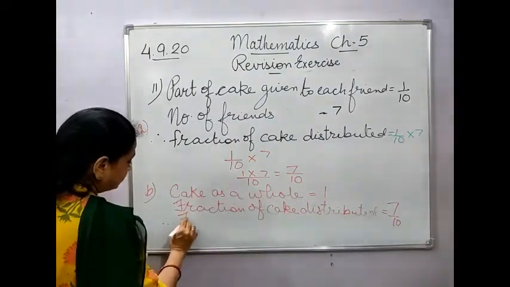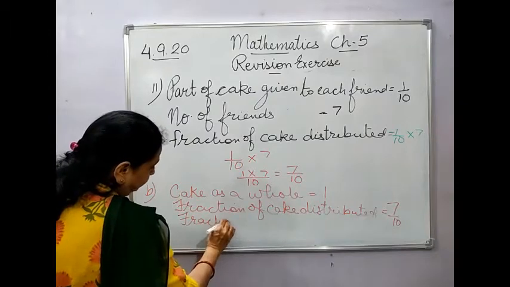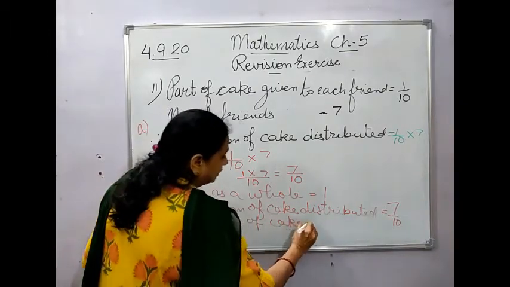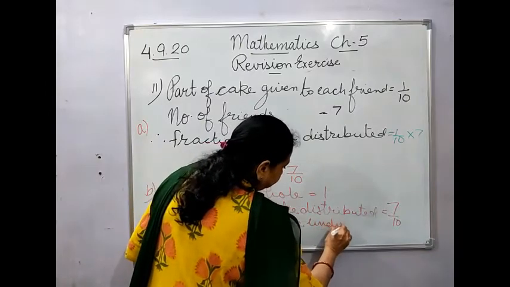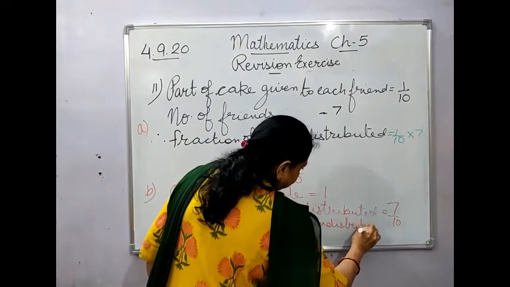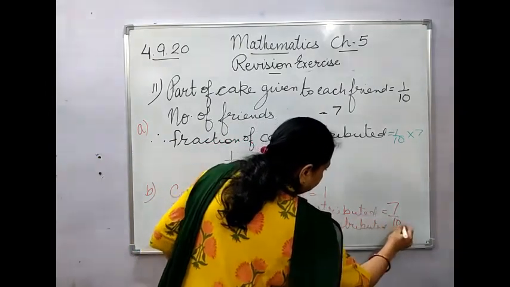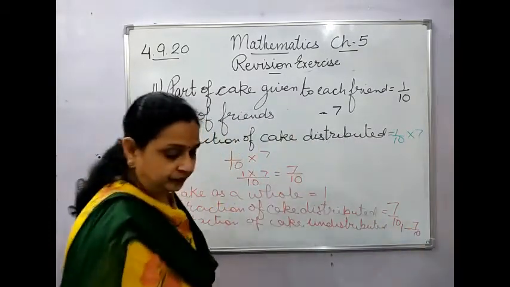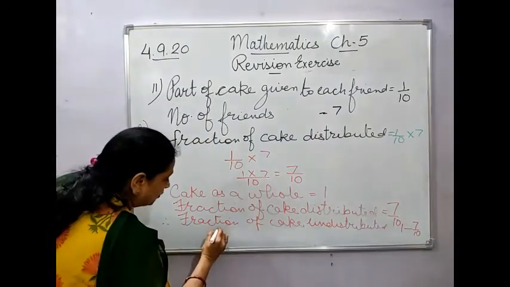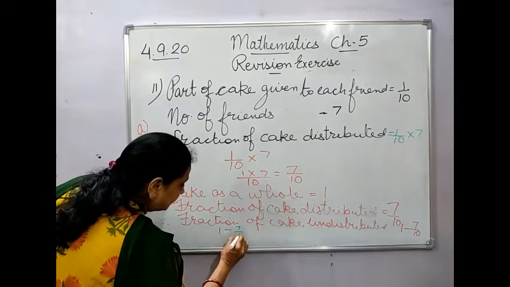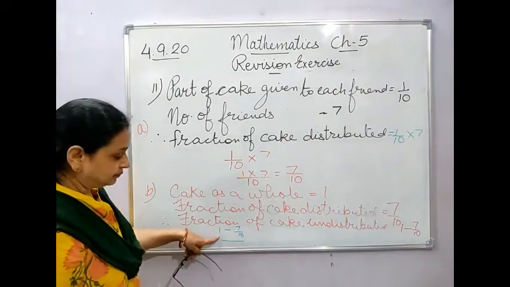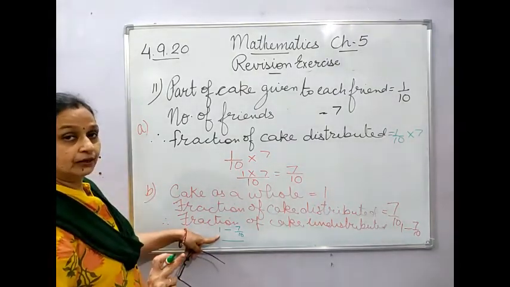Therefore fraction of cake undistributed will be 1 minus 7/10. I have told you this is a whole number, so the denominator below will be 1 only.